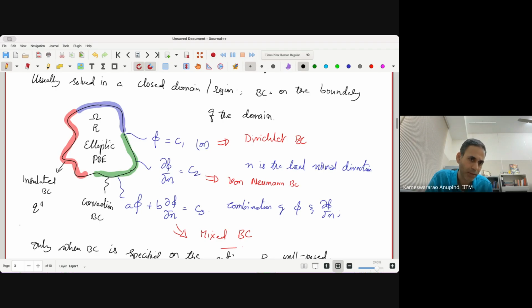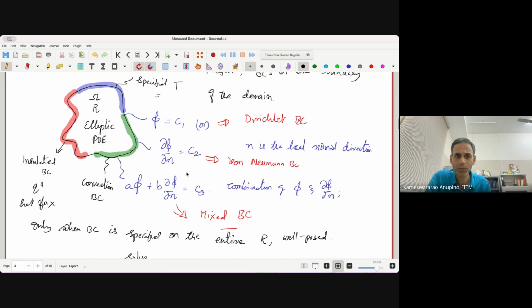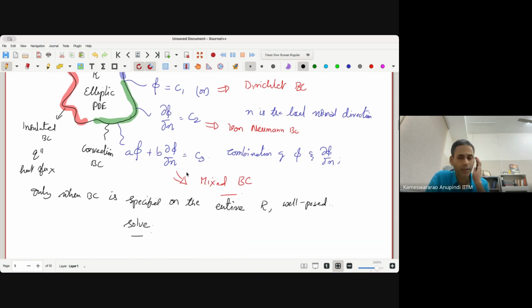Okay, it could be supplying some constant heat flux or something else. And then, of course, specifying phi equals constant is basically saying that it is maintained at a specified temperature or something. Okay, so these are a few examples of how boundary conditions could be applied to an elliptic problem.